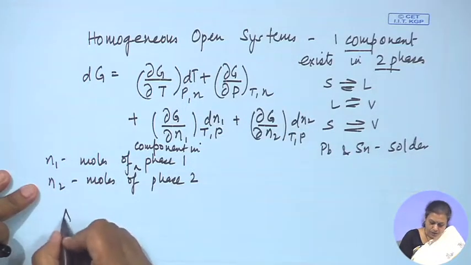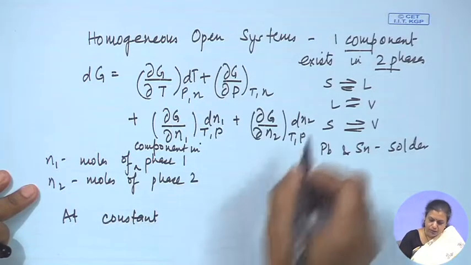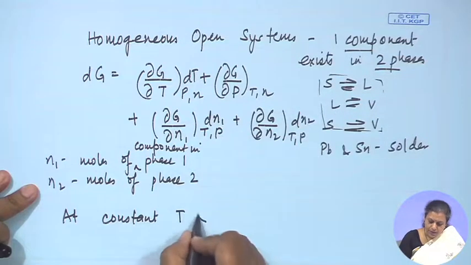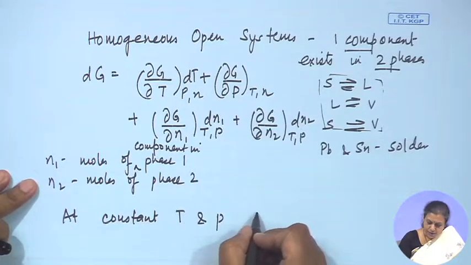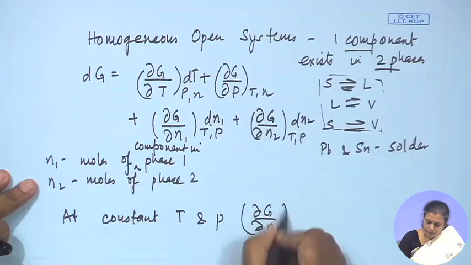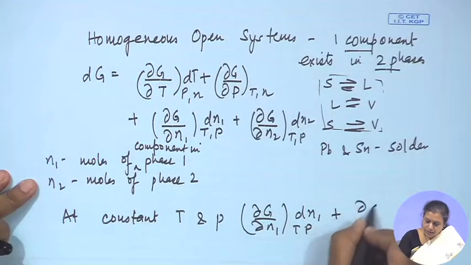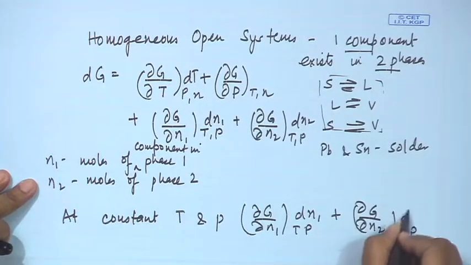Now, at constant temperature pressure conditions, because usually we know that these types of phase transitions occur under constant temperature pressure conditions, under these conditions what do we get? We get (del G del n1) T, P dn1 plus (del G del n2) T, P dn2.